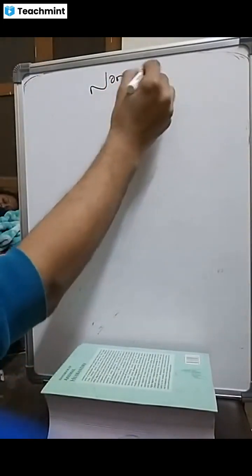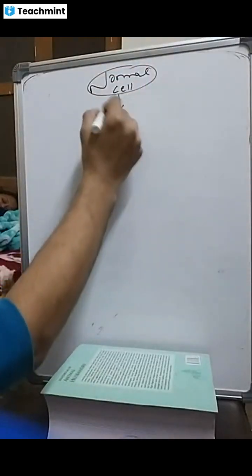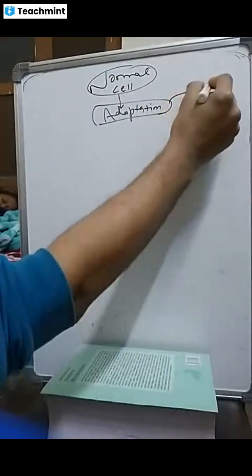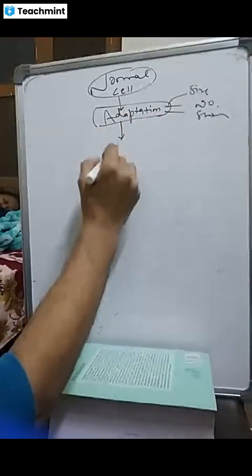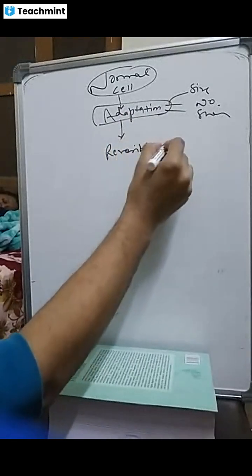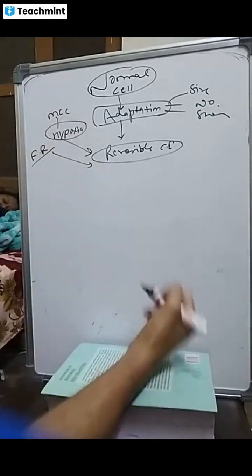We started this story from the normal cell, then adaptation. Then we came to reversible injury and two causes: one is hypoxia, the most common cause, and the second is reactive injury.